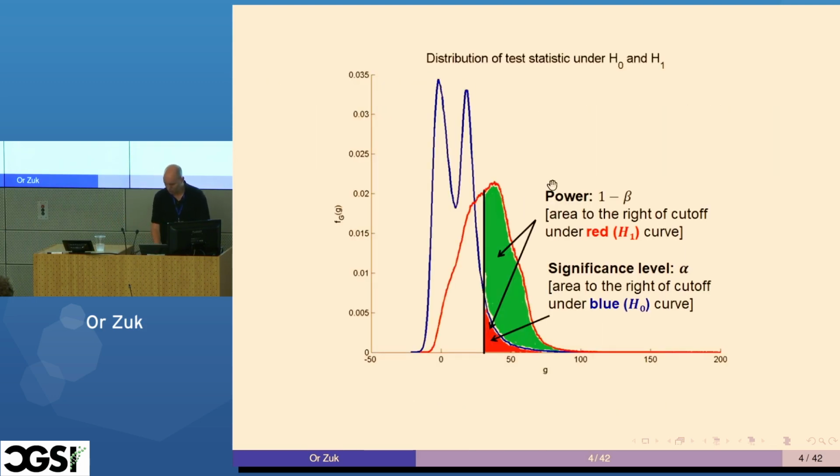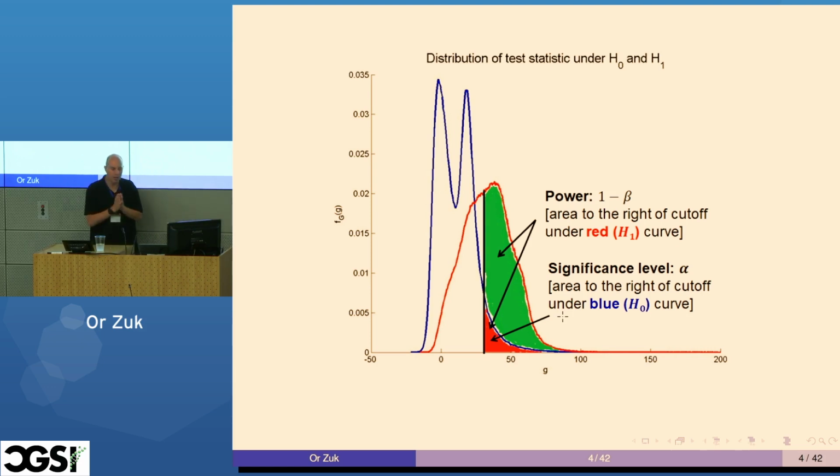All right, so just a nice cartoon that shows you the trade-off between the two types of errors. We have a test statistic that we compute from the sample, and under H0, the distribution is the blue distribution. That's not real data or simulation, it's just a sketch.